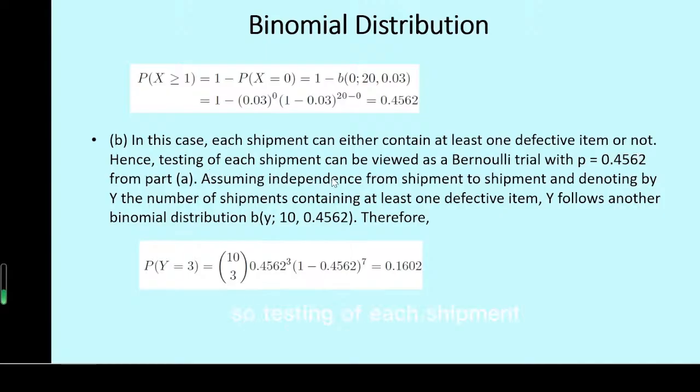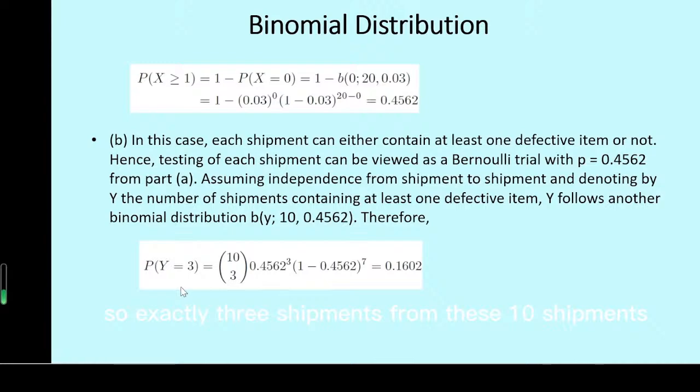So testing of each shipment can be viewed as a Bernoulli trial with probability 0.4562, which we calculated in question A. We can assume independence from shipment to shipment and denote by Y the number of shipments containing at least one defective item. In this case, Y follows another binomial distribution, b(y; 10, 0.4562), because we want to know about the total of 10 shipments, with the probability we calculated from question A.